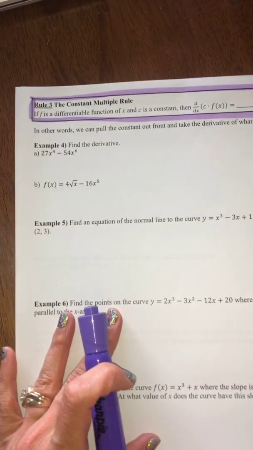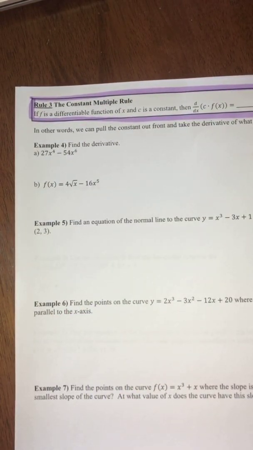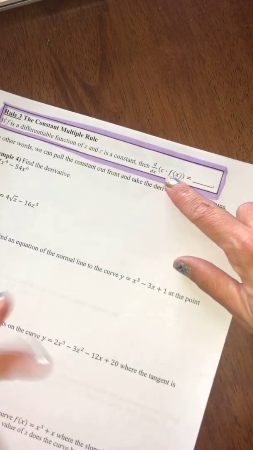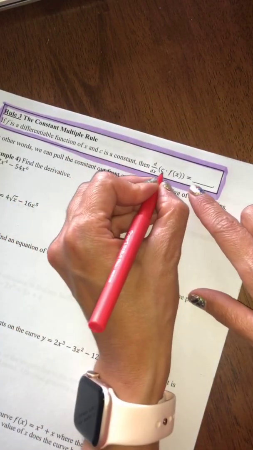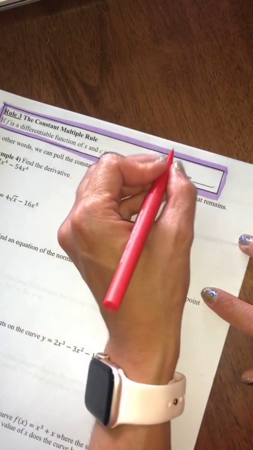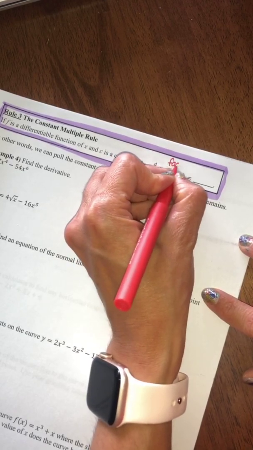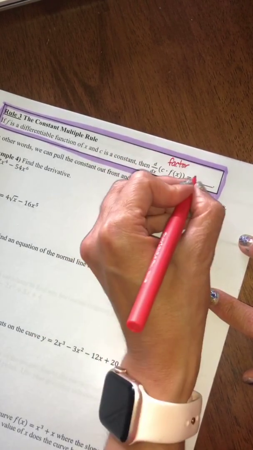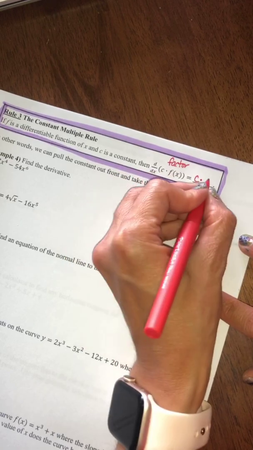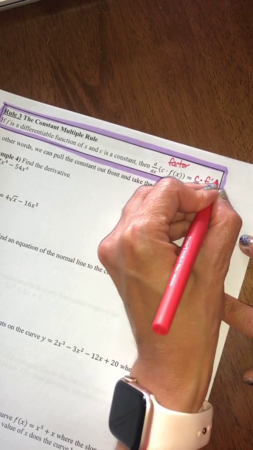It says if f is a differentiable function of x and c is a constant, then d dx of c times f of x, so that means that this is a factor of the function that's brought out front. It's just that constant times the derivative.